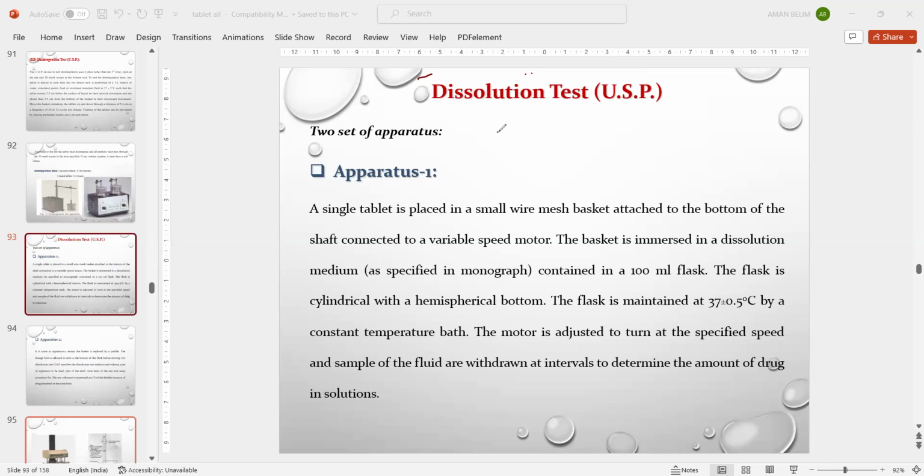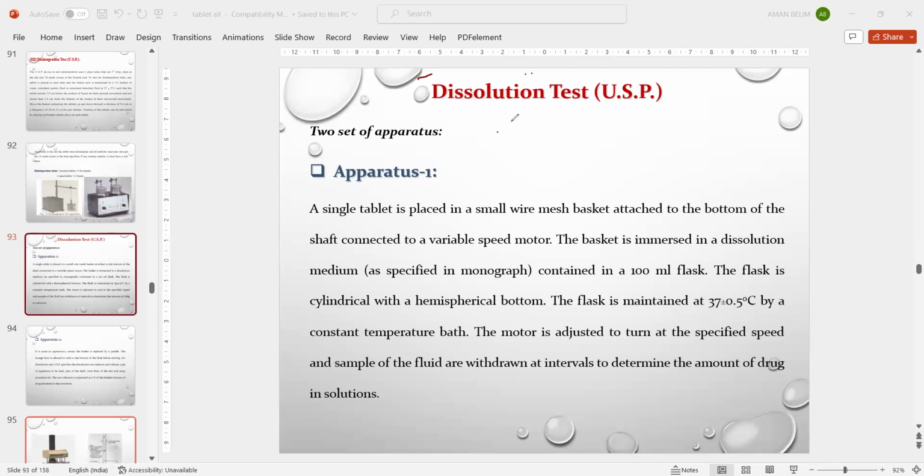And which one is type 1 for IP and which one is type 1 for USP? Basket for USP, yes, paddle for IP.